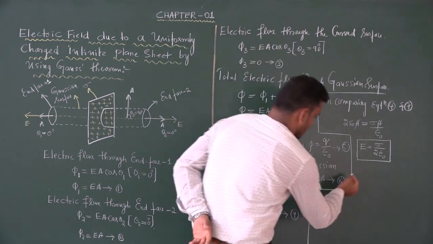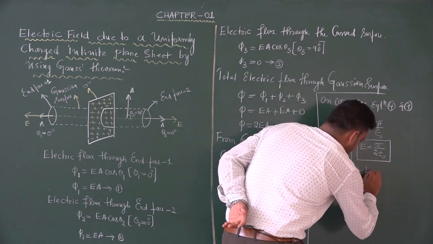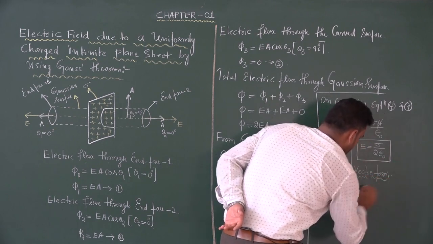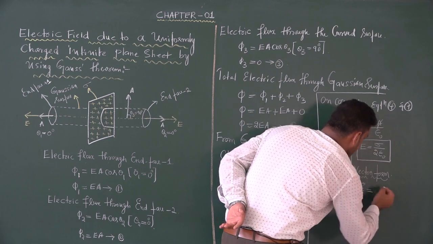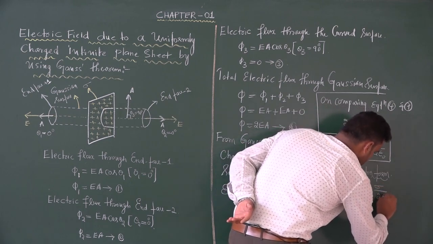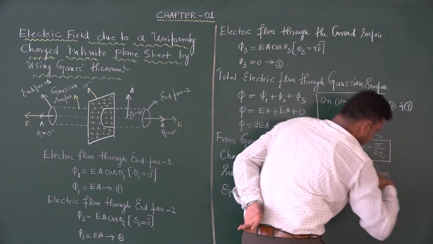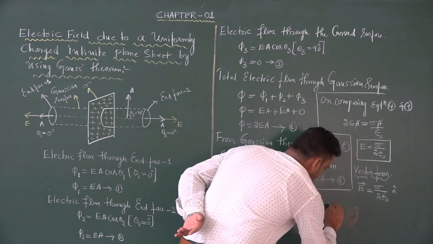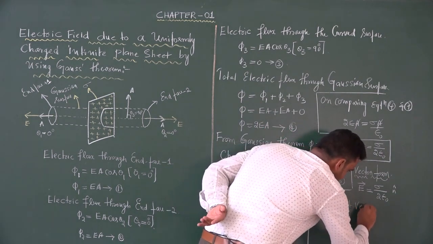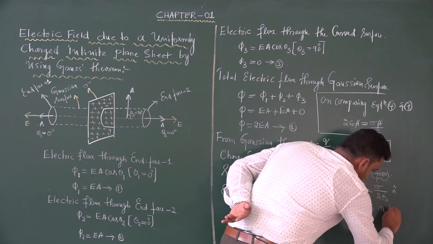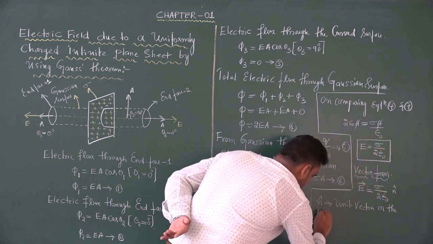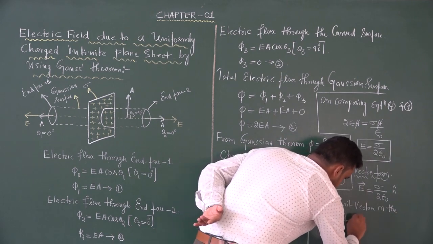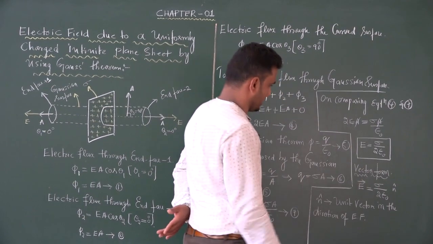I can write it in vector form. E vector is equal to sigma divided by 2 epsilon naught n cap. There I gave r cap, here I am giving n cap. N cap is the unit vector in the direction of the electric field.